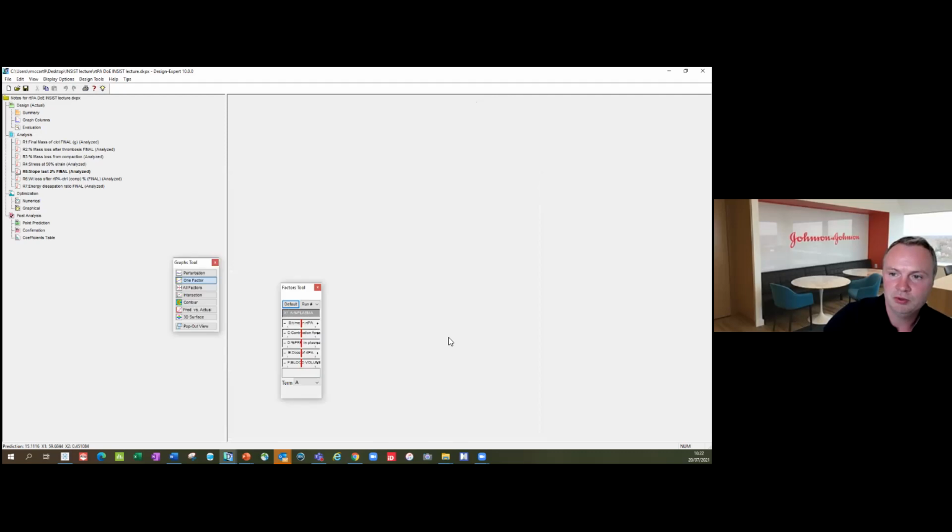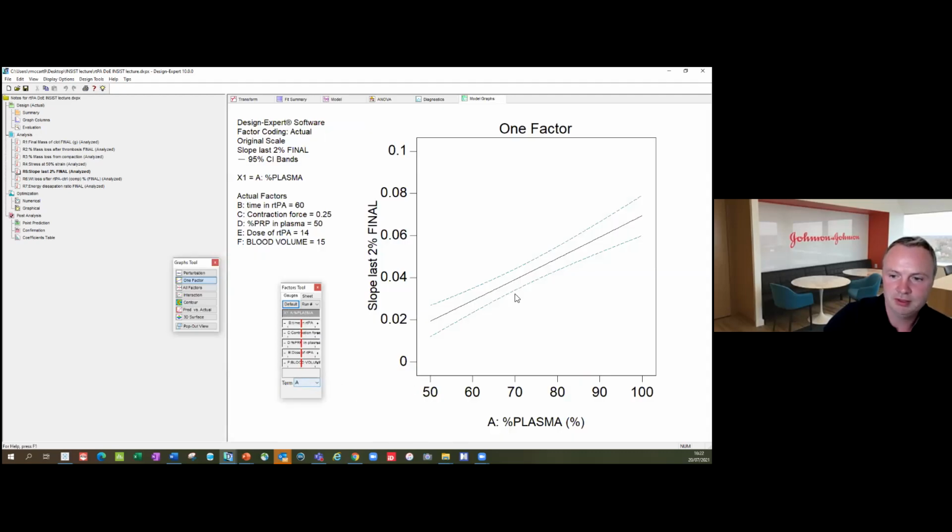So when we look at those terms on their own, we can see percent plasma, its effect. Going from 50% to 100% plasma, or 50% red blood cells to 0% red blood cells, this is the effect that it has on the modulus.